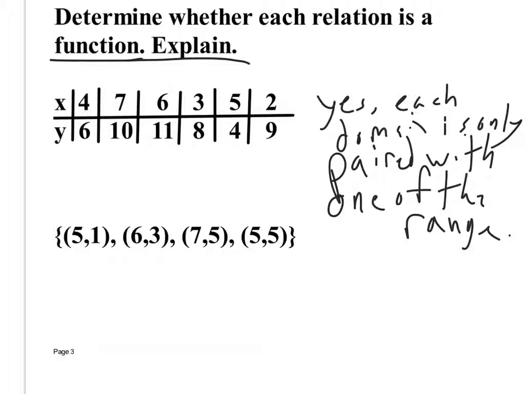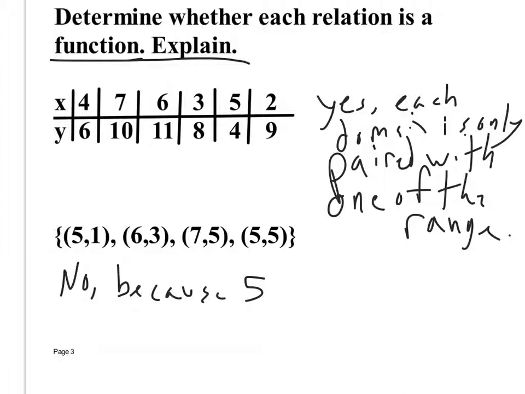Alright, someone raise your hand and tell me if this next one's a function. Ben. No, because 5 is paired with 1 and 5. This is not a function. Because 5 is paired with 2 of the range, or with 1 and 5 of the range.